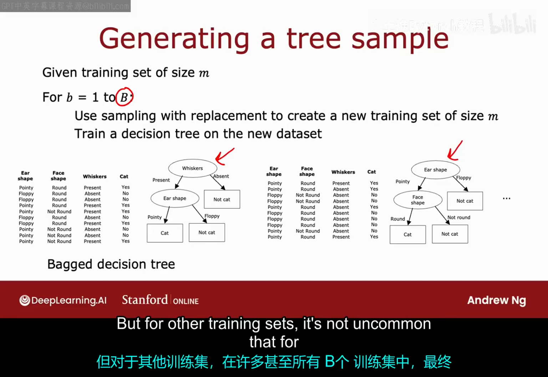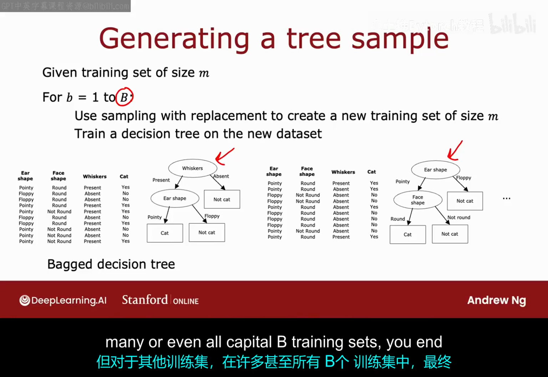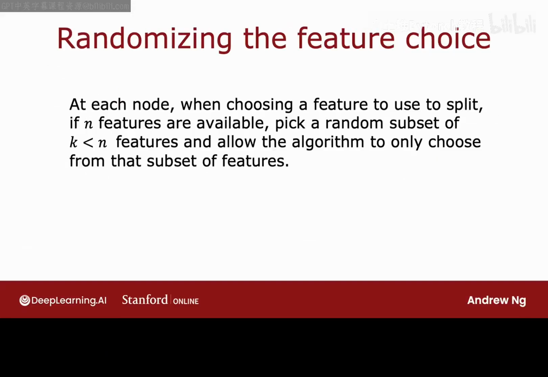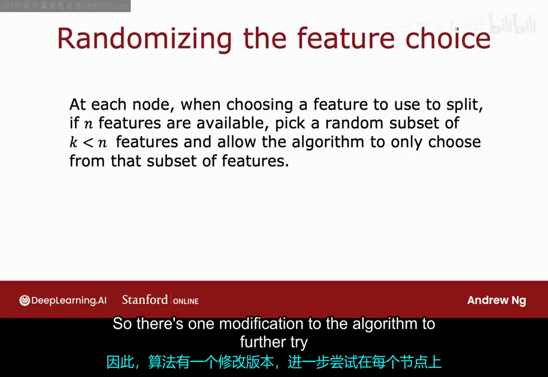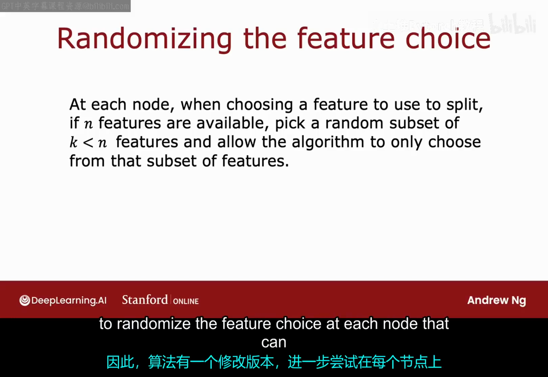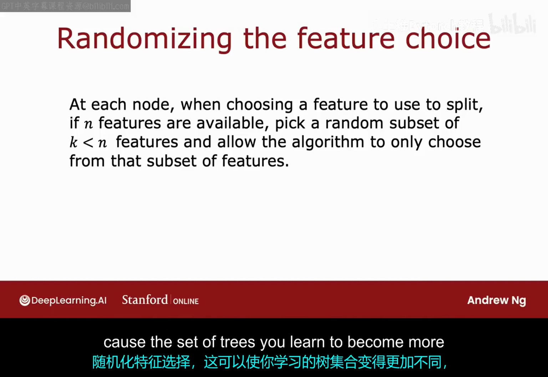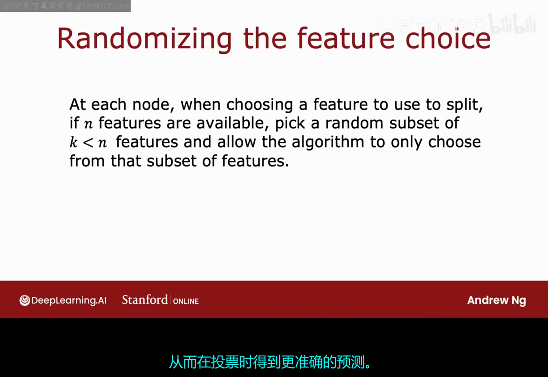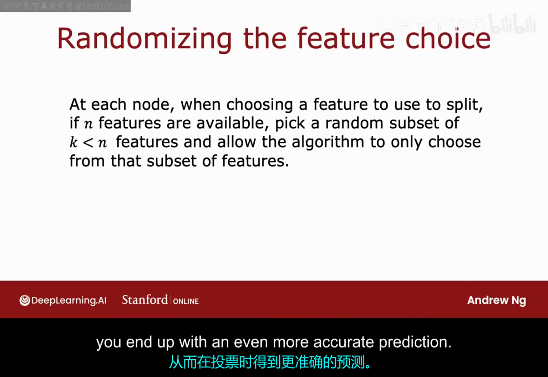But for other training sets, it's not uncommon that for many or even all capital B training sets, you end up with the same choice of feature at the root node and at a few of the nodes near the root node. So there's one modification to the algorithm to further try to randomize the feature choice at each node that can cause the set of trees you learn to become more different from each other, so that when you vote them, you end up with an even more accurate prediction.